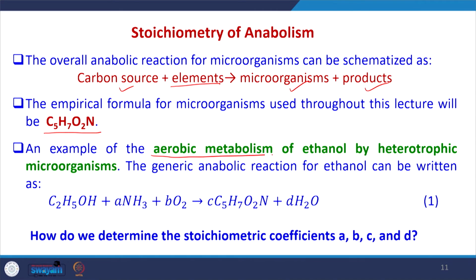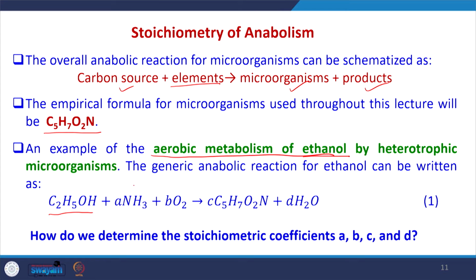Now, an example with respect to aerobic metabolism of ethanol. So, we are trying to understand starting with aerobic metabolism by heterotrophic microorganisms, and we are taking an example of ethanol first. For this particular reaction the generic anabolic reaction can be written as: we have ethanol, C2H5OH.